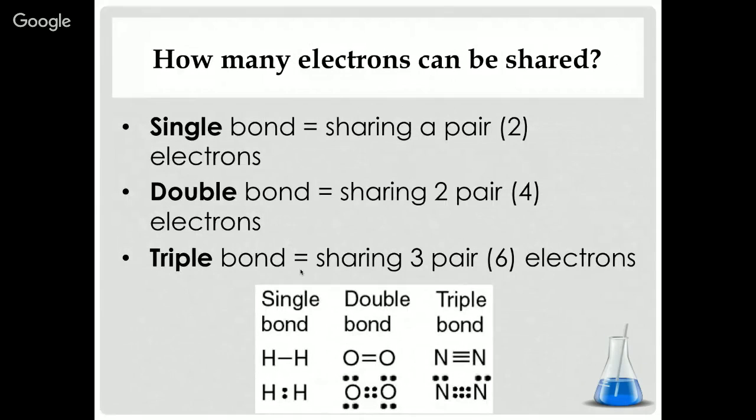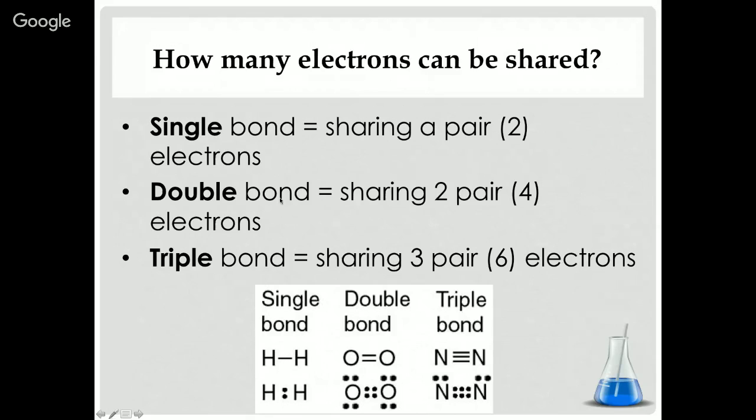And again, recall how many electrons are shared in a single, double, and triple bond. They will interchange questions. They may say how many total electrons or how many shared pairs of electrons. So watch the wording. So for a single bond, we have 2 total electrons or 1 shared pair, as we see here in the single bond between hydrogen and hydrogen.